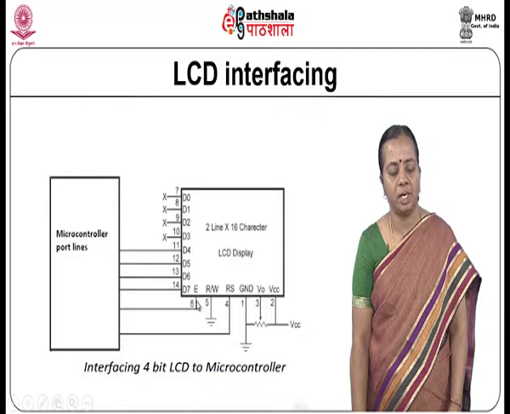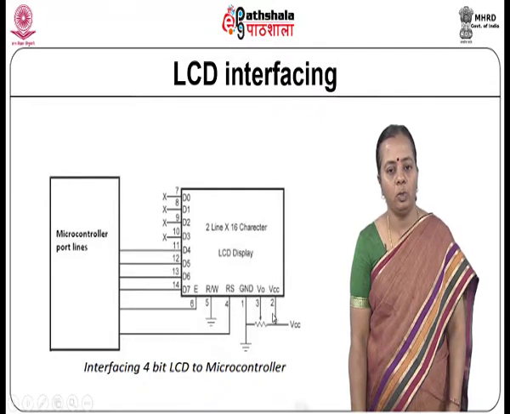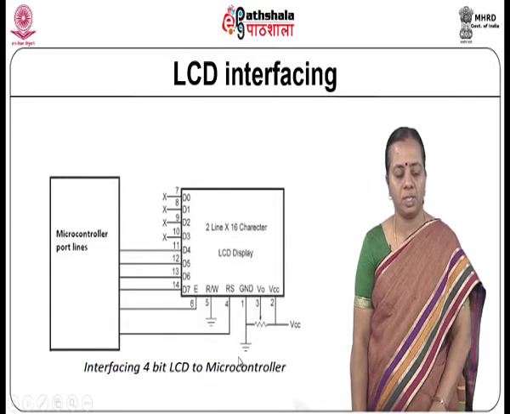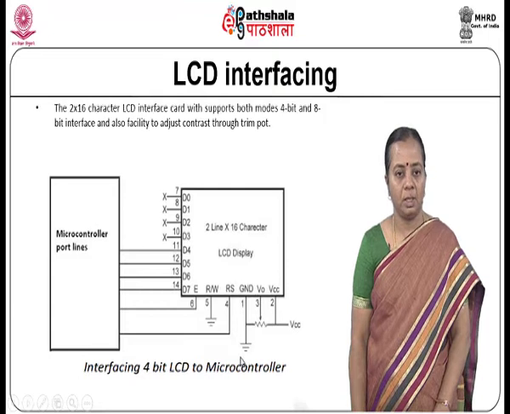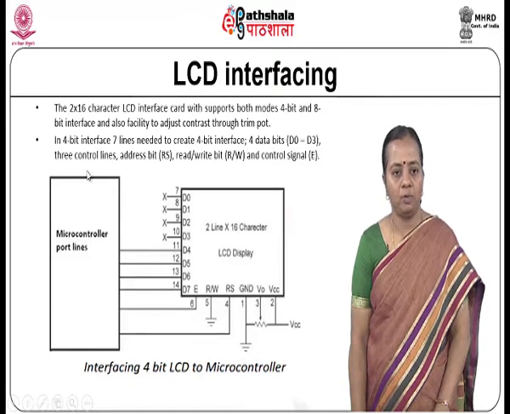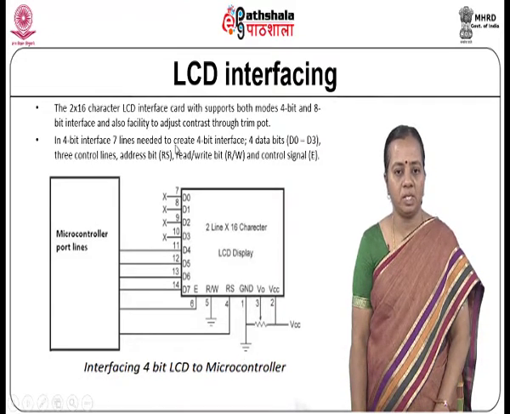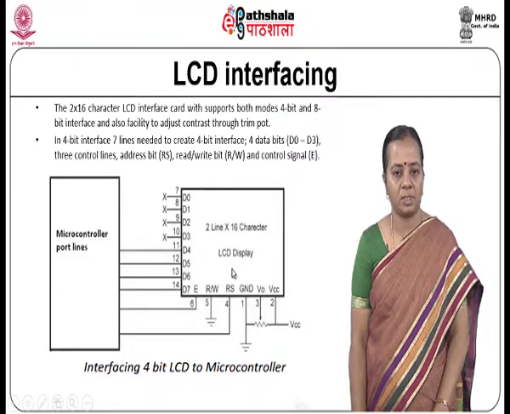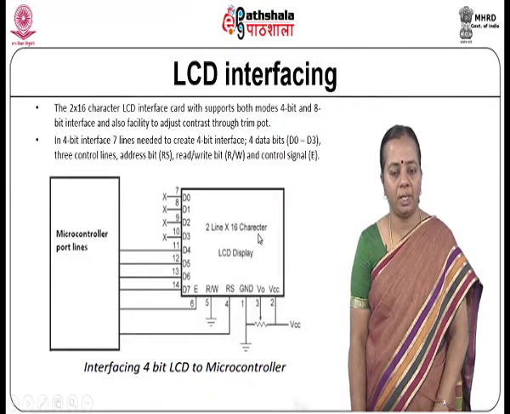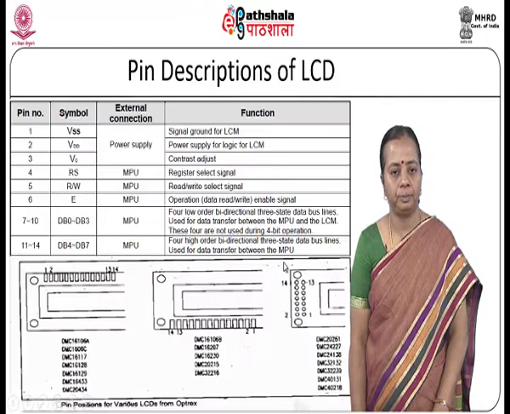These are control pins, and the ground, VCC and the contrast pin are connected to VCC and ground. 7 lines are needed to create a 4-bit interface, which enables a 2 line, 16 character LCD display.